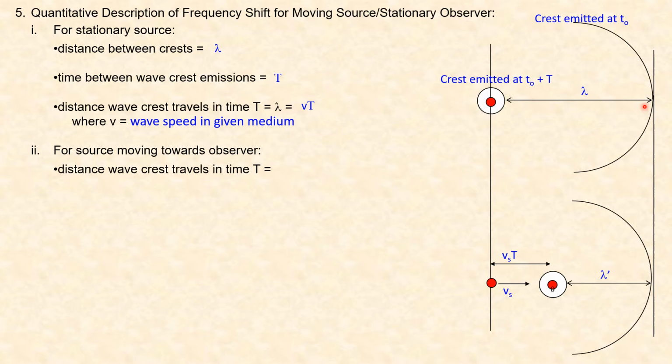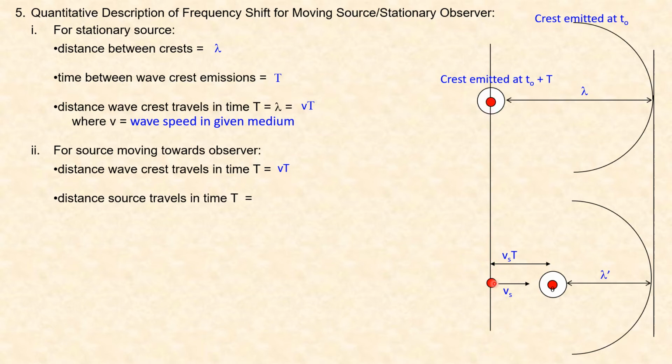So we want to come up with an expression for lambda prime. The distance the wave crest travels in a time equal to 1 period, like we said, is simply the speed of the wave times the period. But now we've got to look at the distance the source travels. That's really this distance right here. Notice that when the source was at rest, here it is.